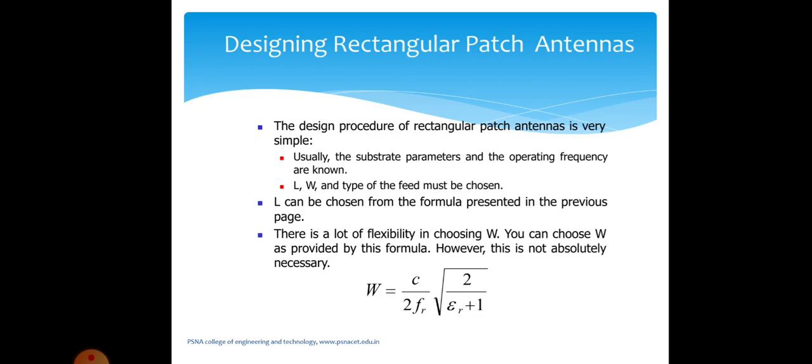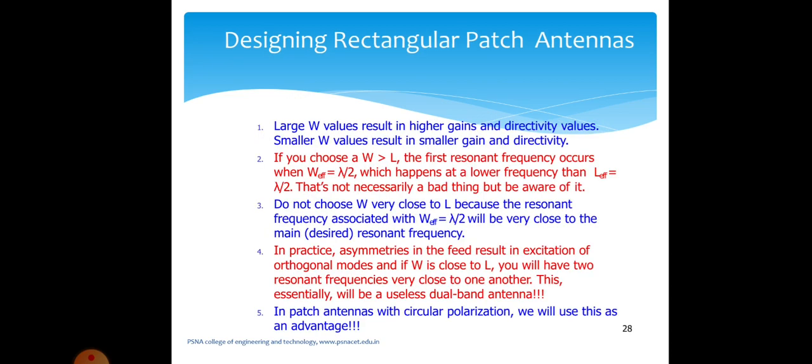The width formula is C divided by 2FR, times the square root of 2 divided by epsilon r plus 1. C is the velocity of light, and FR is the resonant frequency. For example, we have taken 2.4 gigahertz, and epsilon r is the dielectric constant of the material that we are going to use in the design.